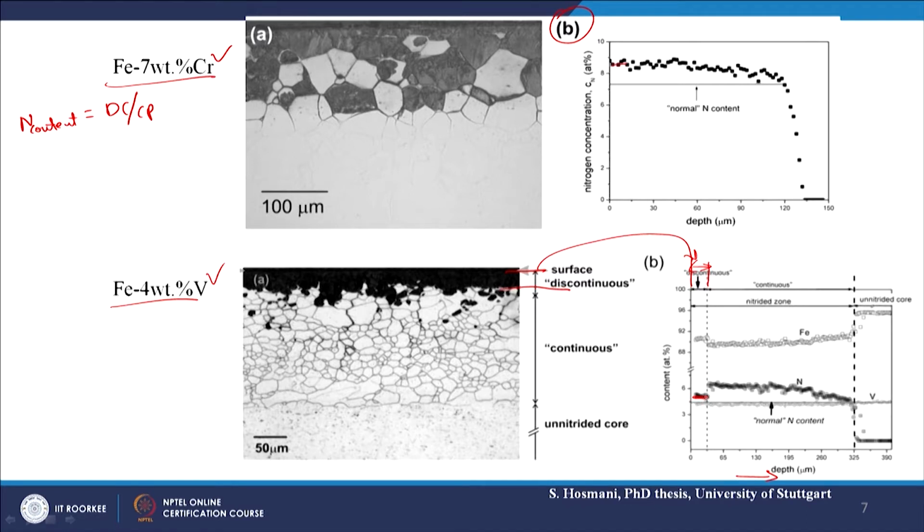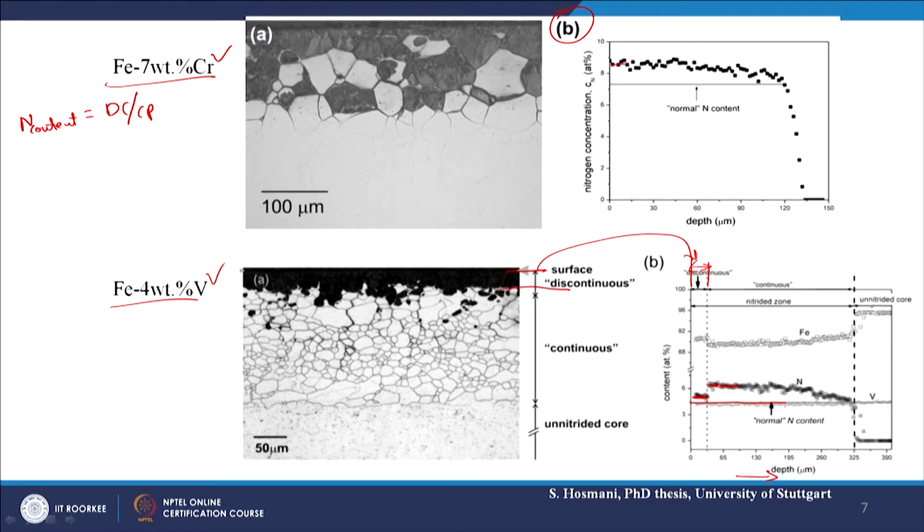So in both cases you see decreased hardness, but in the case of iron vanadium you also see a decreased level of nitrogen, and that can be due to the capacity for excess nitrogen somehow being reduced after discontinuous coarsening, because we see that it is still above the normal level. This is the normally expected level, and after discontinuous coarsening, of course, it is lesser as compared to the continuous precipitation region, that is here.